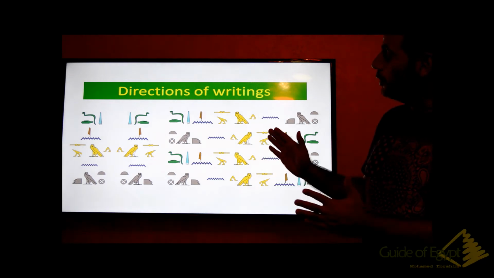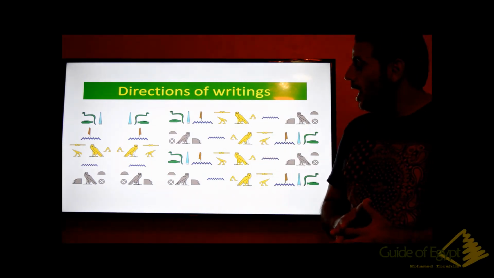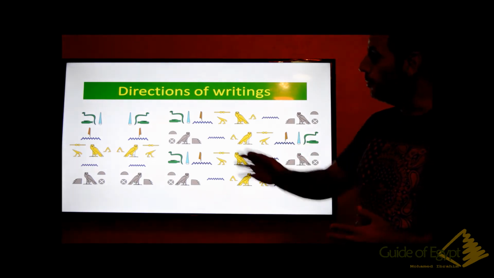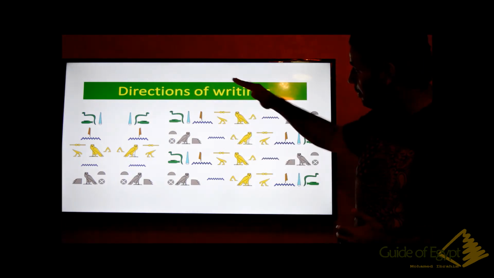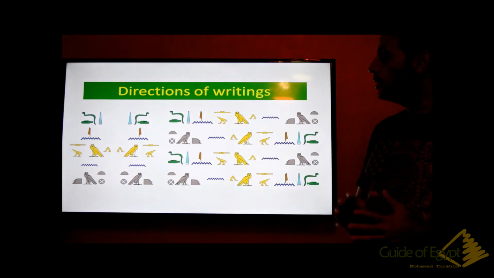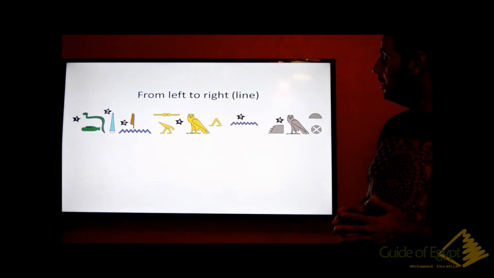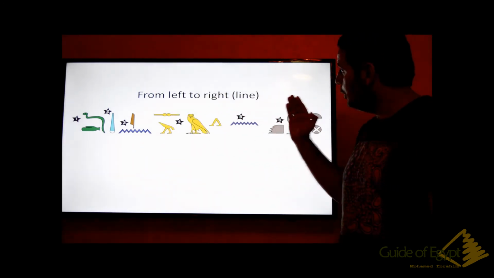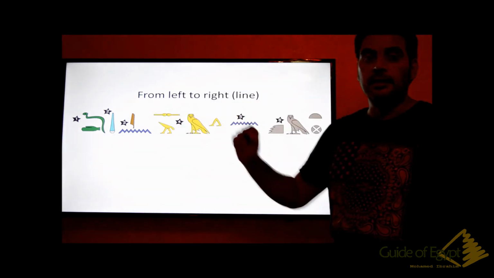So when we look at a text from ancient Egypt, how do we understand where we start reading? From left, from right, from up, from down? Actually, we can read in 3 ways. Number 1 is if we see the faces are facing left, all looking to the left side, so we read from the top to the left side.